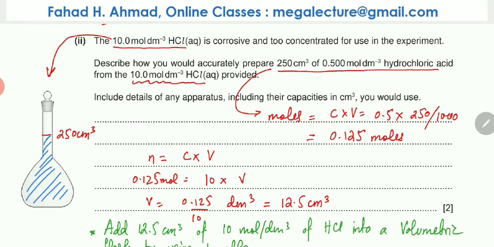Where would those moles come from? Because this was your original solution, those moles are going to come from this very, very concentrated solution. So we figured out the volume of that solution required to give us these many moles, and then you fill it up with water, distilled water. Remember, don't write water alone. Once you fill it up, it becomes a 250 cm cube solution containing that many moles, so the concentration would be the required concentration as well.